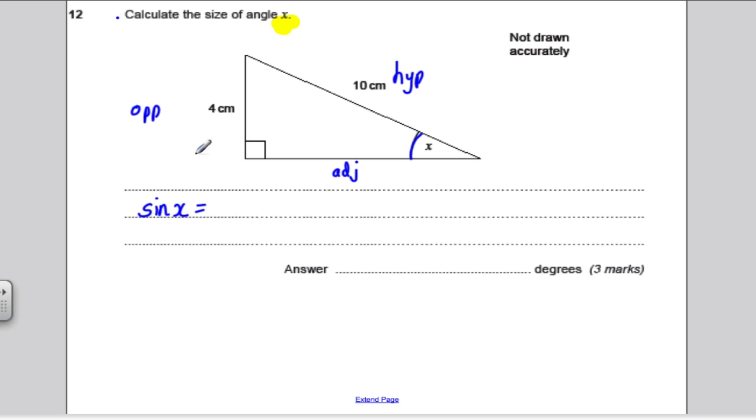Sine x is equal to opposite 4 over the hypotenuse, which is 10. So x must be the inverse sine of 4 over 10, which is 0.4. Make sure your calculator is in degrees mode and you should get the answer 23.6. So x is approximately 23.6 degrees.